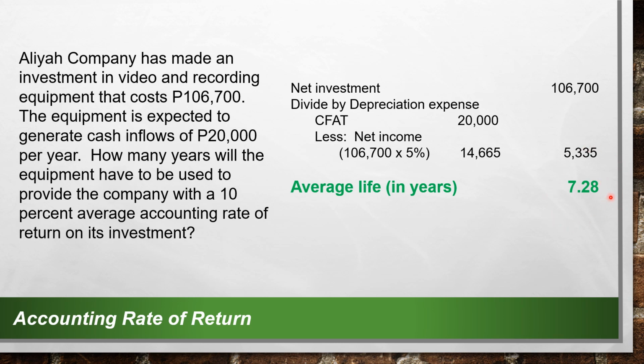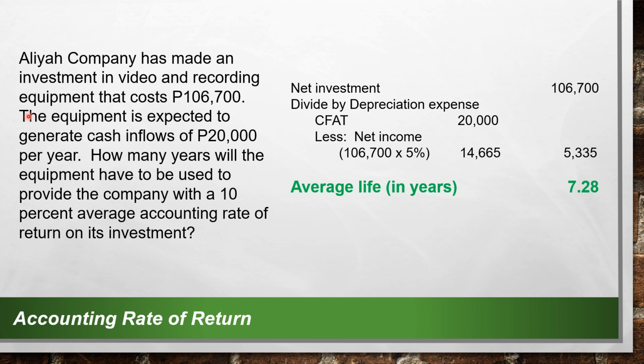So we can check that, of course, by dividing our net investment, 106,700, by 7.28 years. So 106,700 divided by 7.28 would give us about 14,665 depreciation. There is a discrepancy due to rounding off.